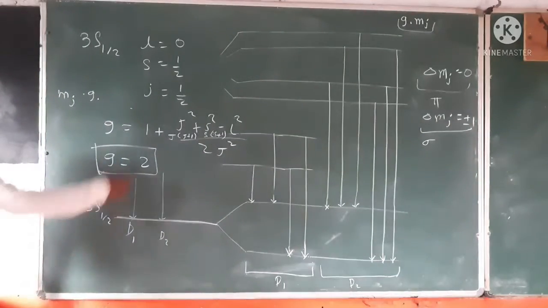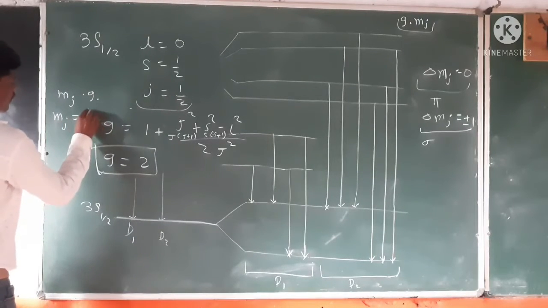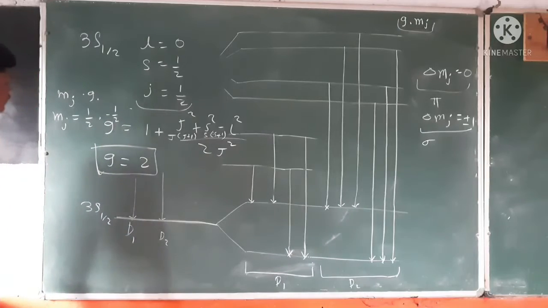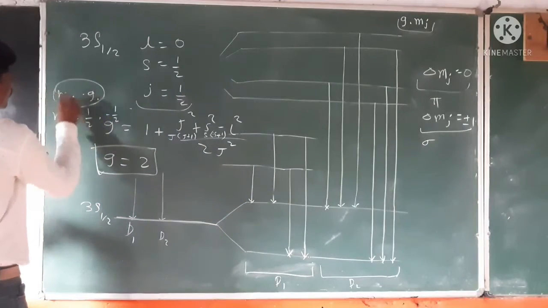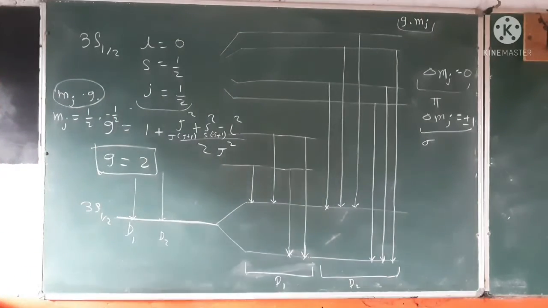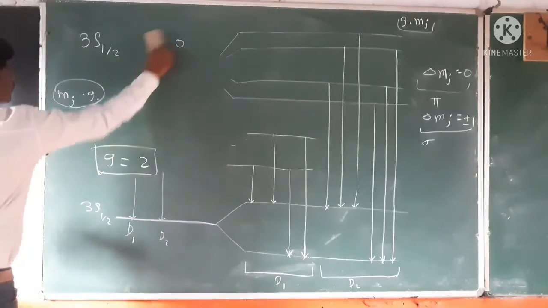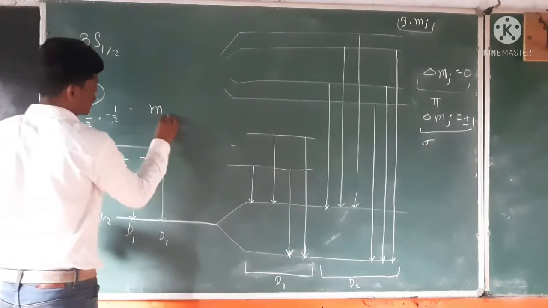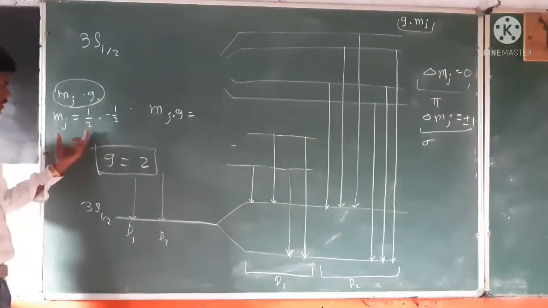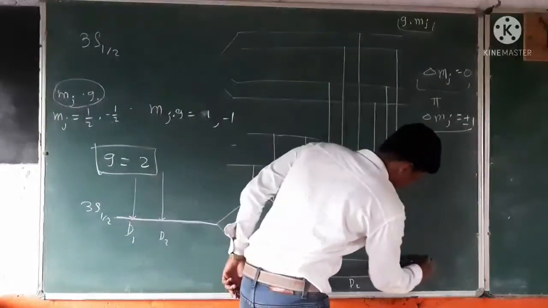We have to calculate m_j, and we have the value for J, so m_j will have the values 1/2 and minus 1/2. The resultant value of m_j g, with g equal to 2, will have two values: 1 and minus 1.